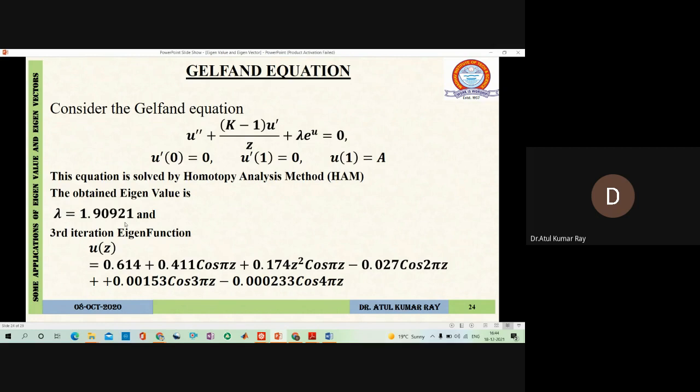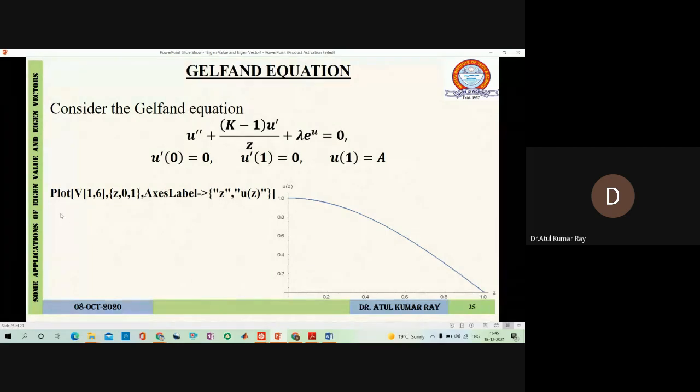This is the eigenfunction, that is, the eigenvector corresponding to this eigenvalue, and this command is applied here to get the eigenvalue.